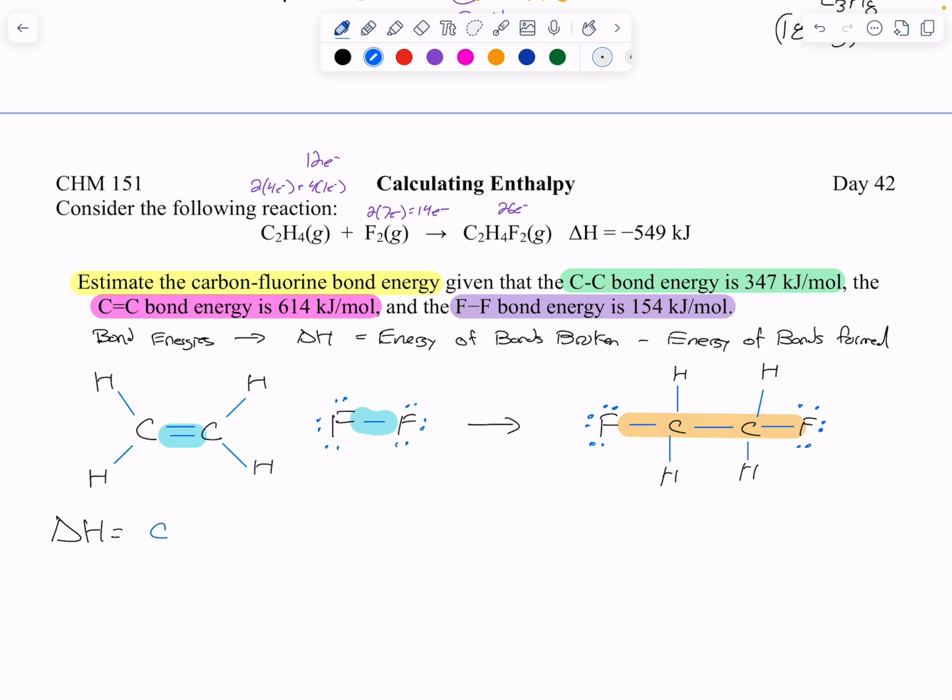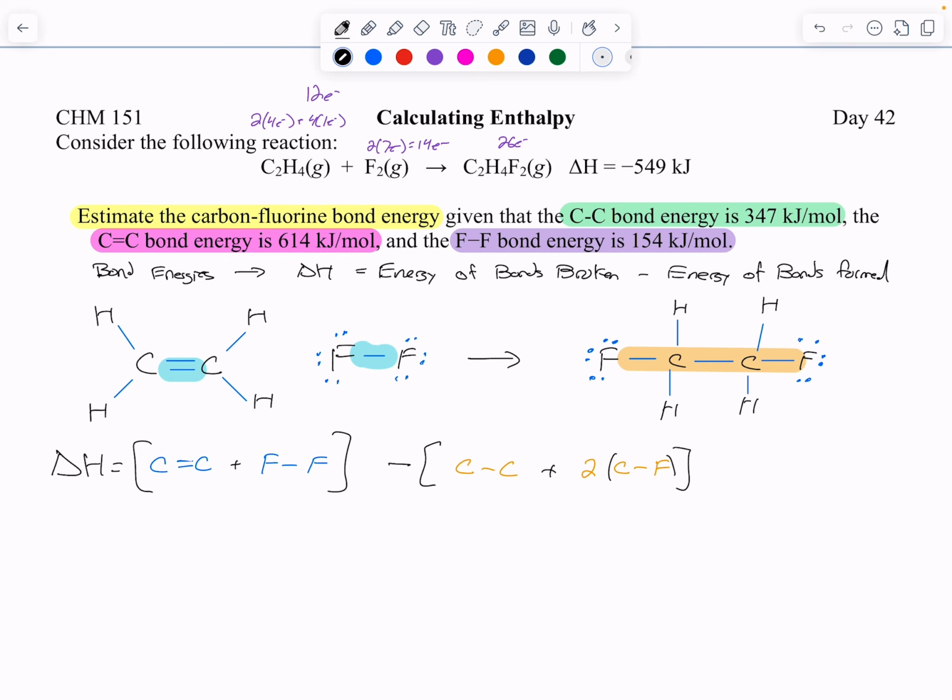let's do C double bond C and F single bond F. So the bonds broken minus bonds formed, which we have C single bond C and 2 C-F. All right, let's plug in some numbers and solve. So delta H is negative 549 kilojoules per mole.